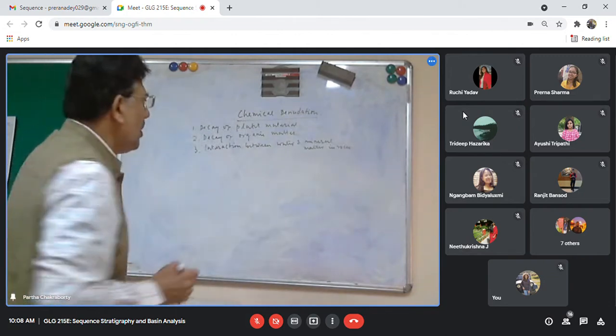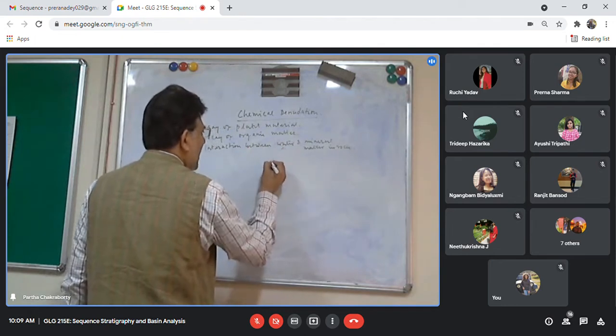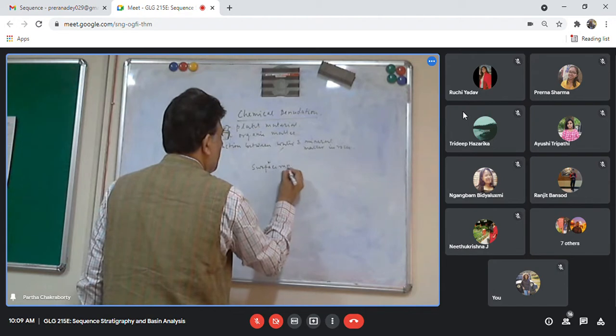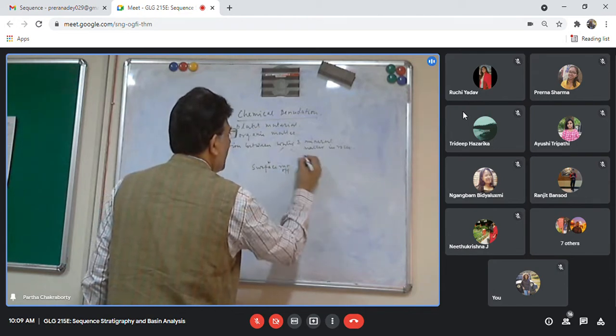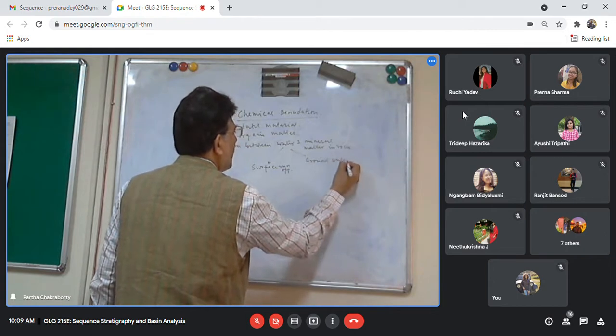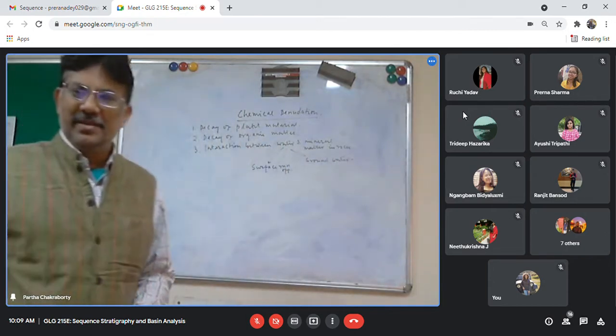Now, this water may be either a surface runoff or in the form of groundwater. In both forms, the water comes in contact.